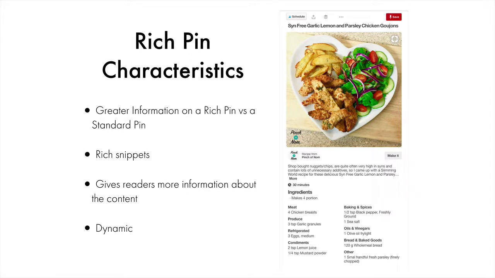Now, if you don't use rich pins and you have a blog post out there, you can't really do anything about that blog post. But when you do update to rich pins, all your pins on Pinterest are updated. So you never have to worry about having an out-of-date pin again.